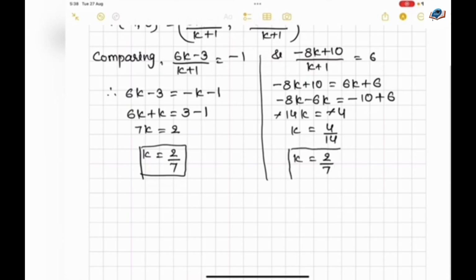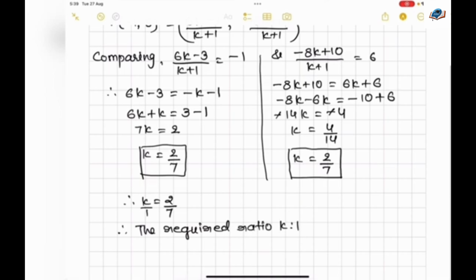By solving both the equations, I got the same answer. Therefore, k equal to 2 by 7. See, we don't need to solve both. We can use one also, but to show, I have shown you both. Therefore, the required ratio is k is to 1 equal to 2 is to 7.